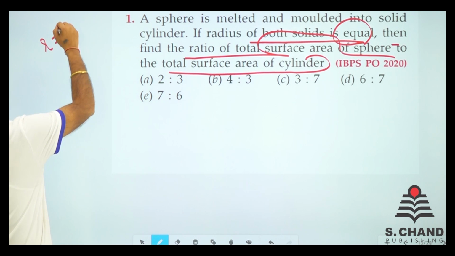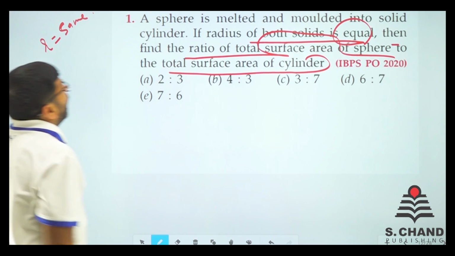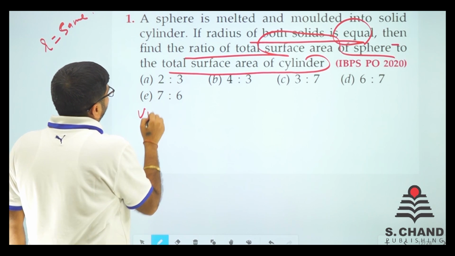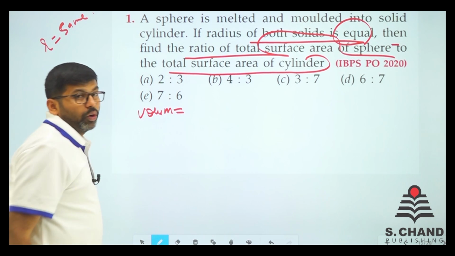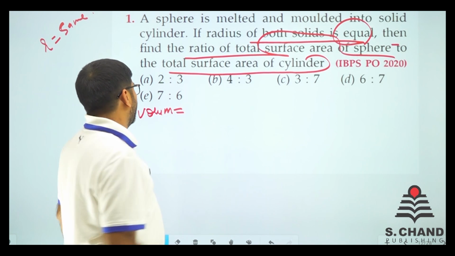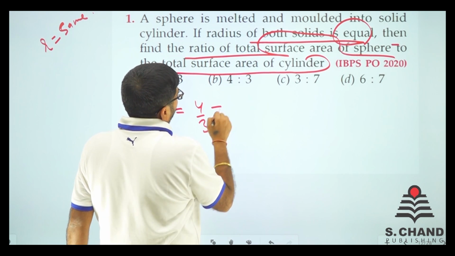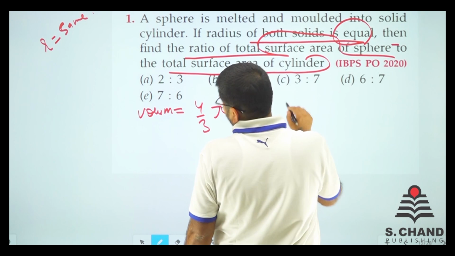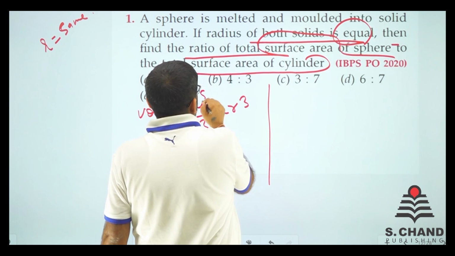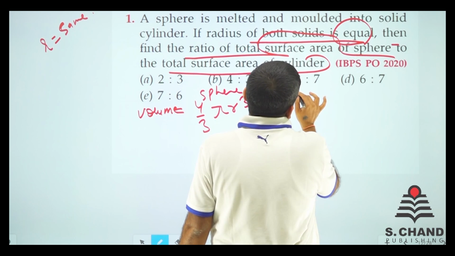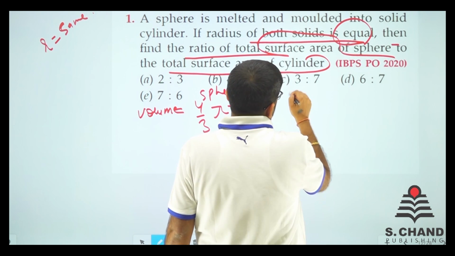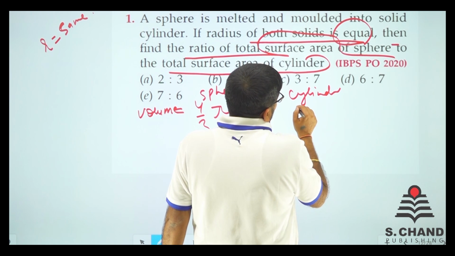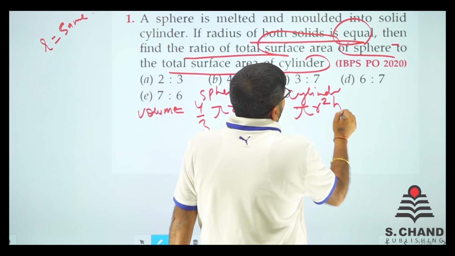So when you call a sphere, the volume of the sphere is 4 by 3 pi r cube, and this is for the cylinder, the volume of the cylinder is pi r square h.